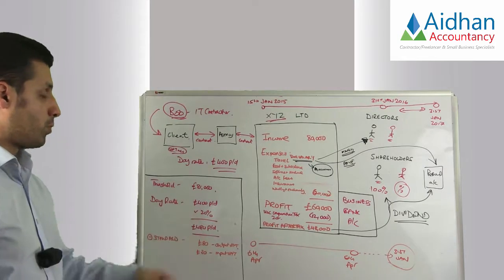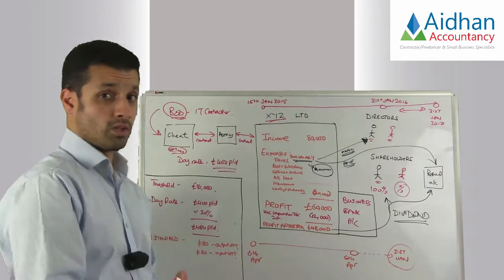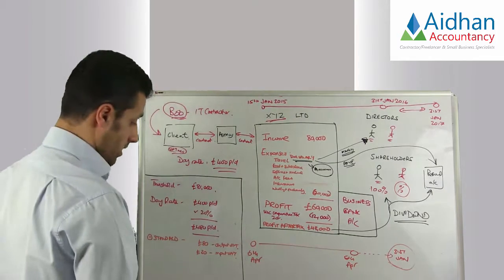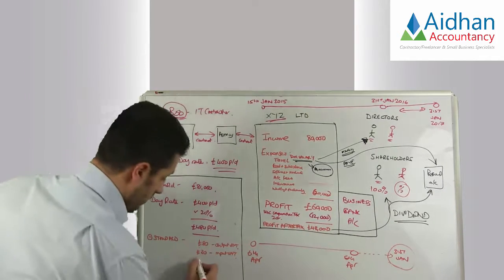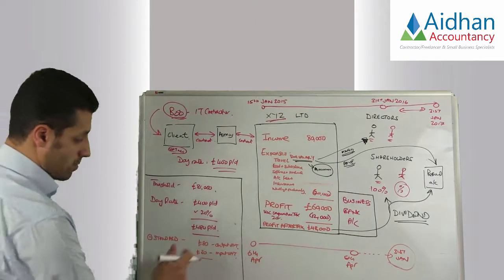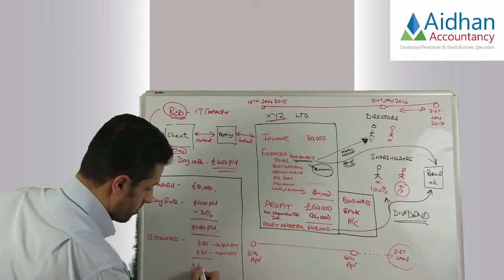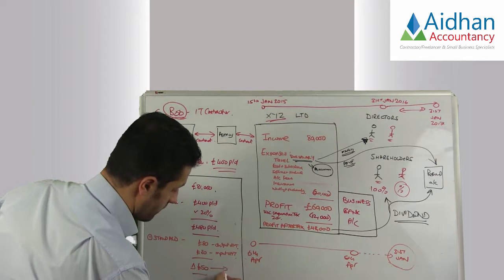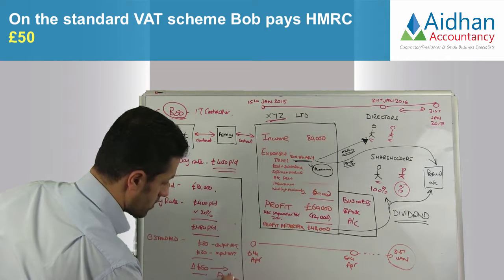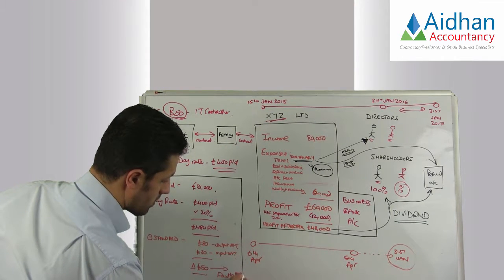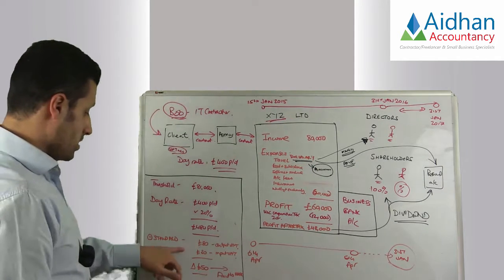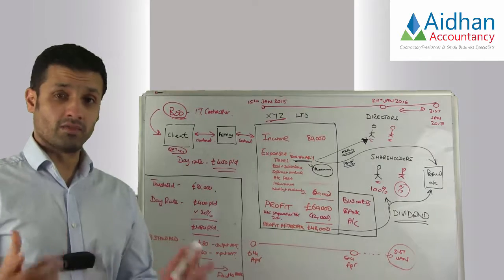In which case Bob will pay whatever the fee plus 20% to his suppliers. Let's just say that turns out to be £30 at the end of the day. What then happens is he's collected 80, he's paid 30. The difference just needs to be worked out, which is £50 here, and that difference is then paid to HMRC or the VAT office. Okay, that is an example of the standard VAT scheme.